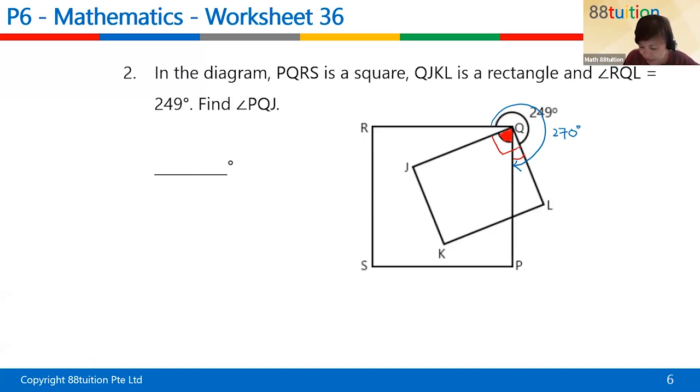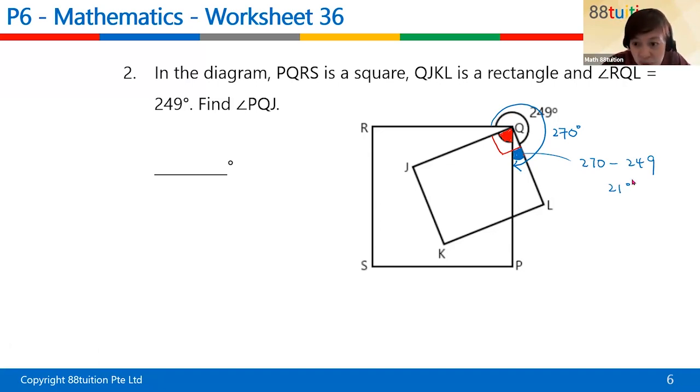So in order to find the small portion here, I use 279 minus this one, to get this only. So this one will give you 21 degrees.